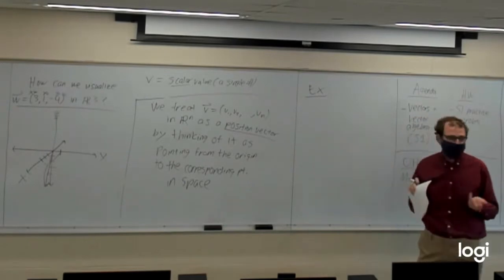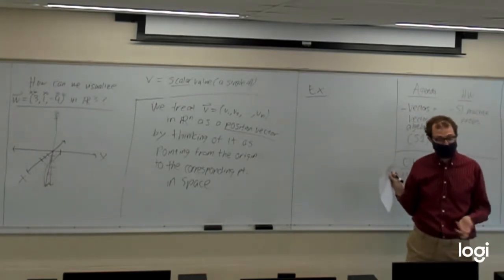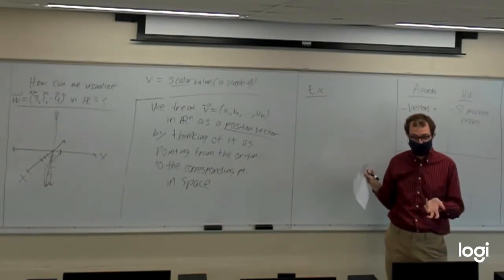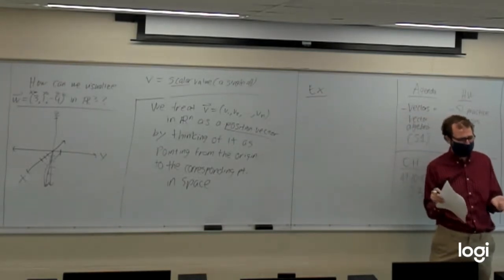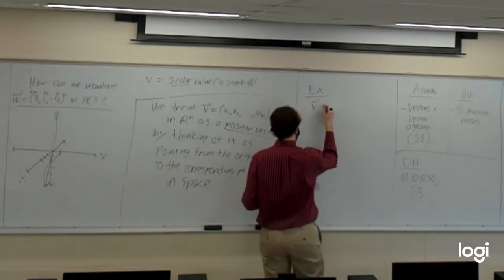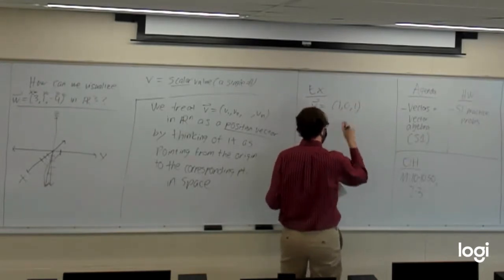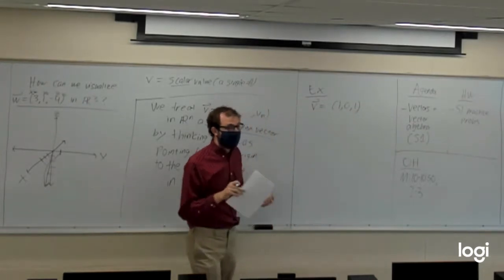Let's do another example in 3 dimensions, because that's the one I think is harder to wrap your head around. I'd like to do more examples in 3 space to give you a little bit of intuition how it works. Let's say we wanted to look at the vector v equals 1, 0, 1, and treat that vector as a position vector.